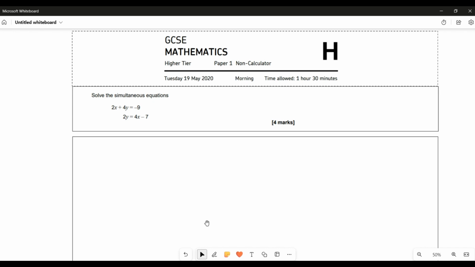Now quickly I will walk through what a variable and a constant are. For example, you see this question: 2x plus 4y equals minus 9 and 2y equals 4x minus 7. Here x and y are the variables, and 2, 4, 9 and 2, 4 and minus 7 are the constants. A variable is an algebraic value whose value changes from equation to equation.